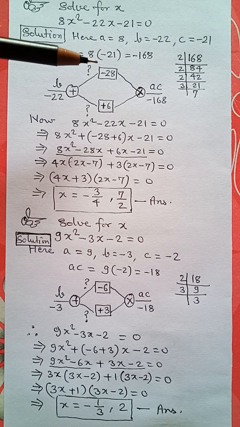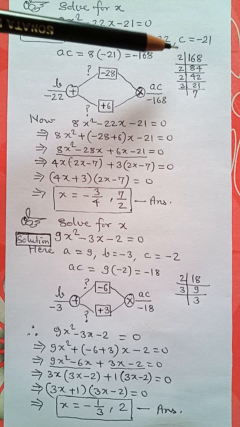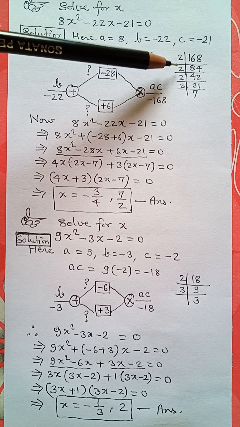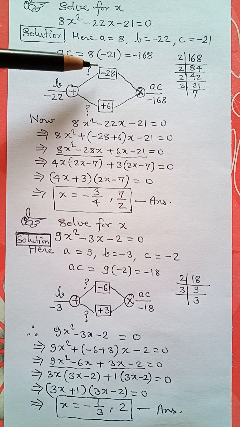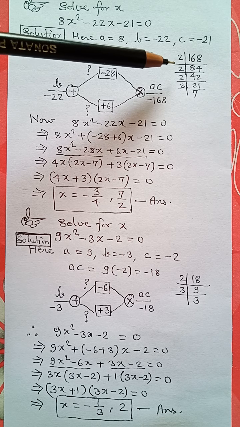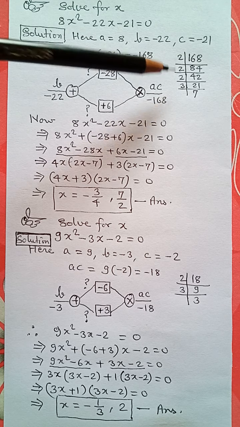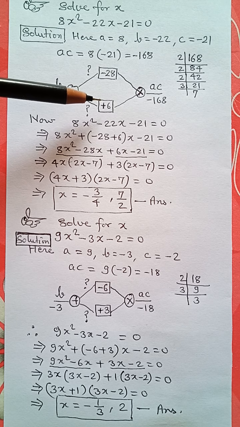Now let us look for another splitting. Here we see 7 4s are 28, minus 28, and the other factors 3 2s are 6, plus 6.